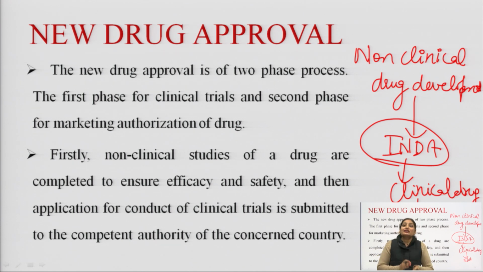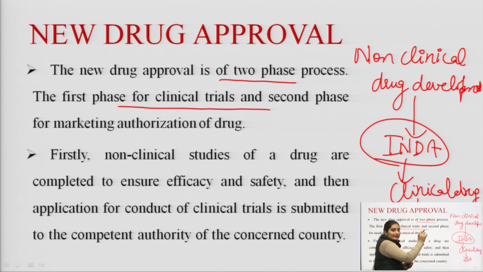And after reviewing the data obtained from the different study reports, the CDSCO is authorized to give the permission for the new drug approval. So, to launch the new drug product into the market, we seek the permission from CDSCO, and the process of getting the permission from the CDSCO to launch the product into the market is known as the new drug approval process.